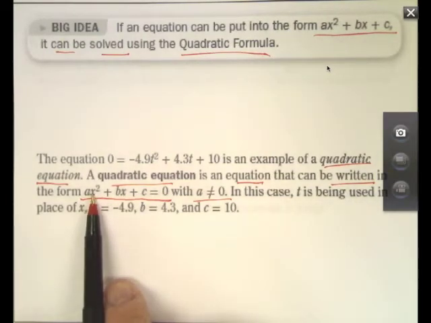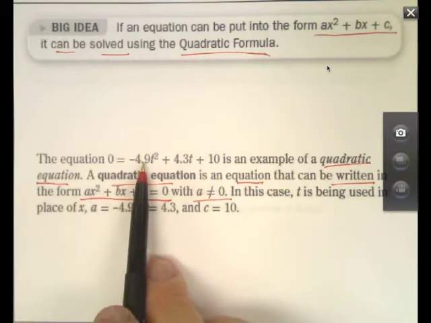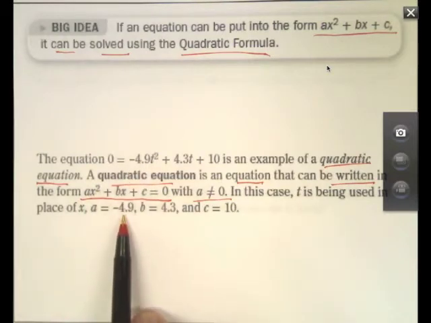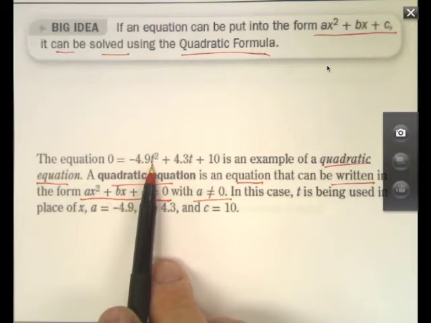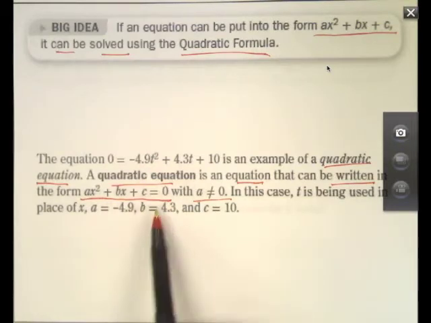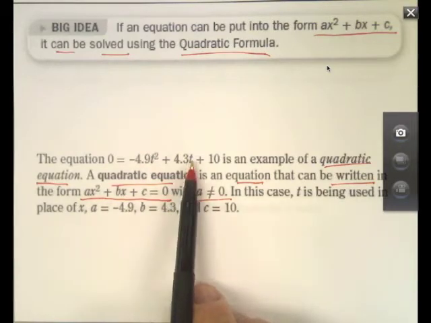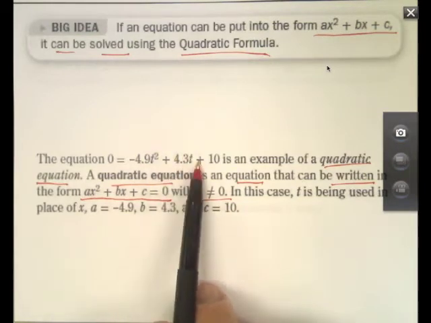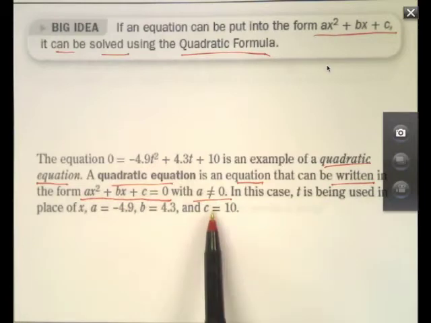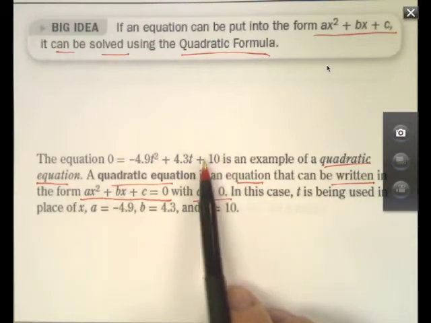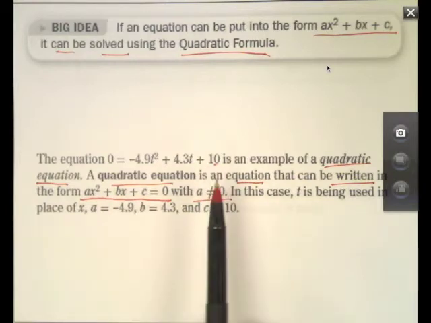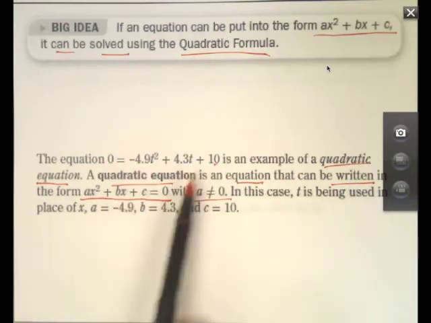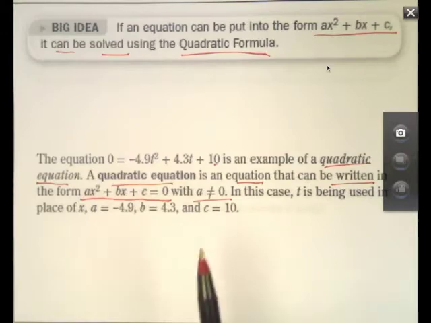A is the number in front of our x squared, which is negative 4.9. Notice you don't include the variable. B is the number in front of our linear term, which is 4.3. And C is our constant, which is, in this case, 10. Okay? Everybody realize how you get those numbers A, B, and C?